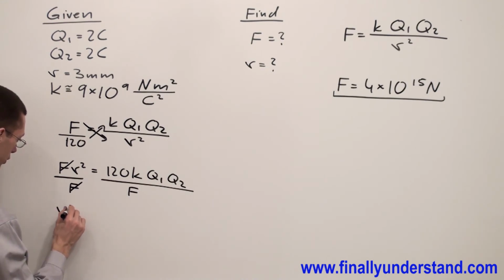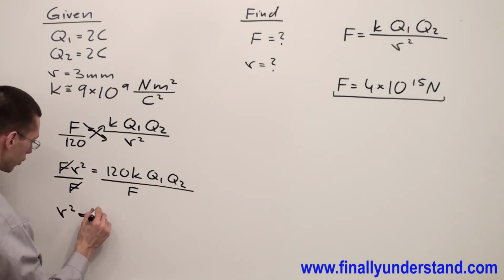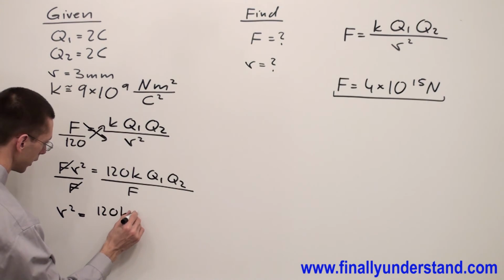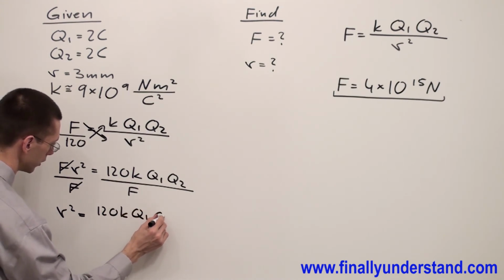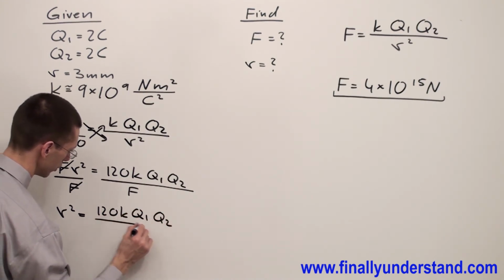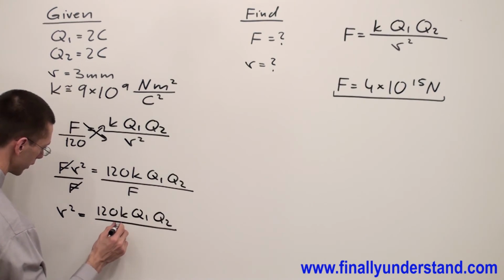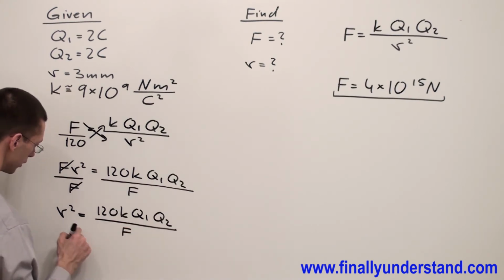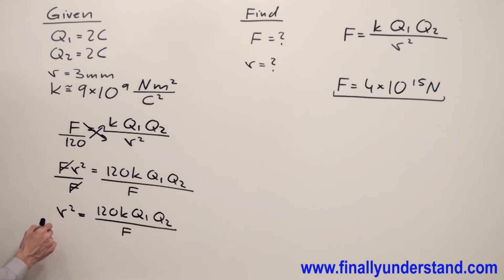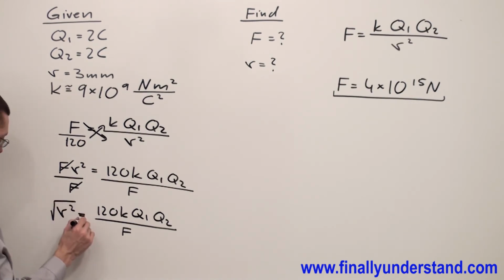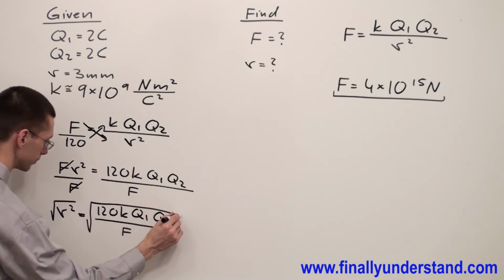I have R squared equals 120 K Q1 Q2 over F. But I'm not looking for R squared, I'm looking for R. In order to eliminate this exponent, I have to square root both sides of my equation.